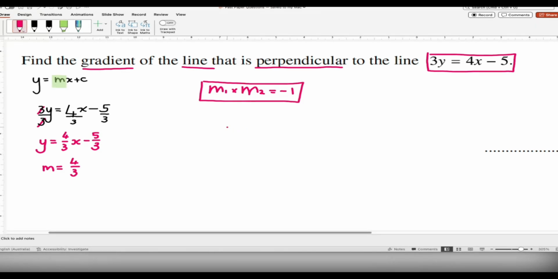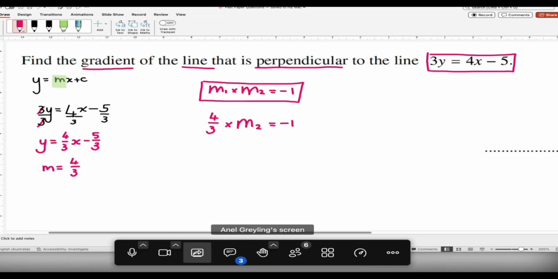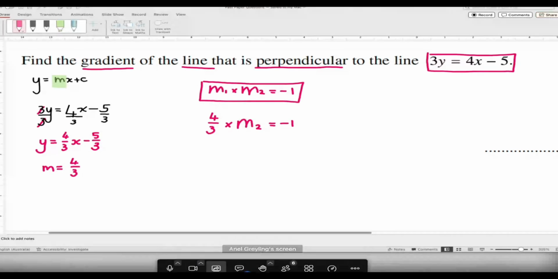Okay, so now we have our first gradient that is equal to 4 over 3. Now we have to ask ourselves, with what do we have to multiply this gradient to get negative 1?